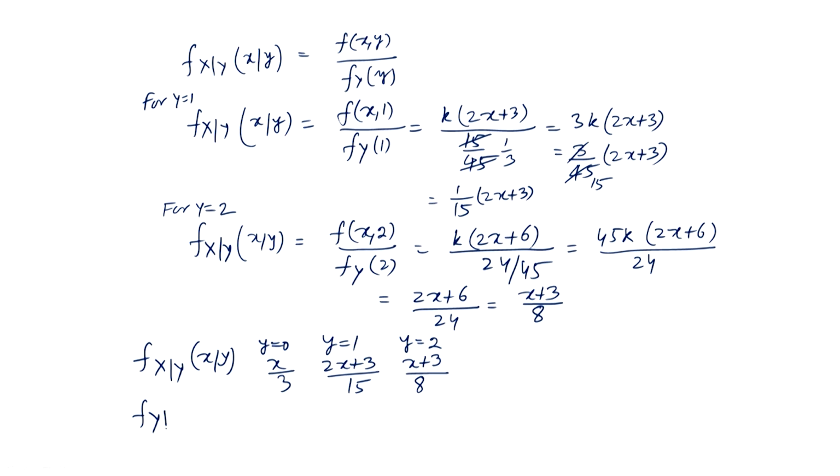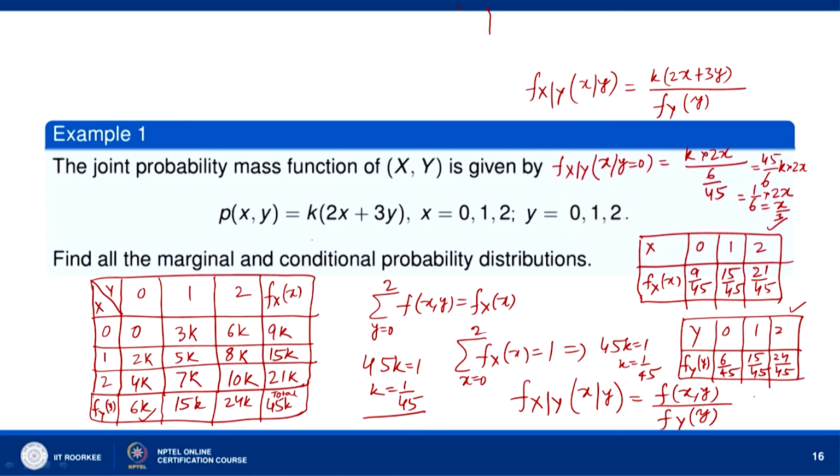f y given x, for x equal to 0, for x equal to 1, for x equal to 2. Okay. Let us find f y given x for x equal to 0. So, we have f 0 y divided by f x 0. Okay. So, f 0 y will be equal to, sorry, p 0 y, you can say p 0 y, equal to, x is 0.